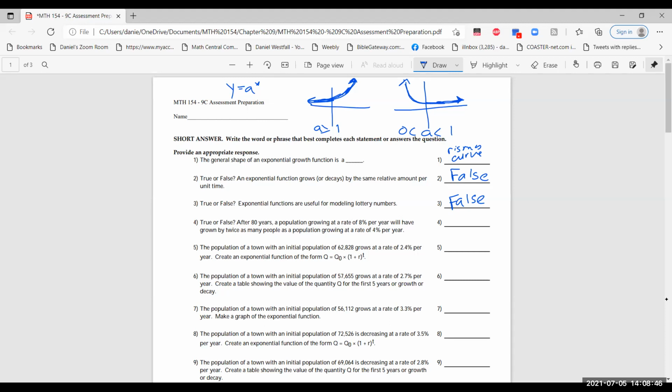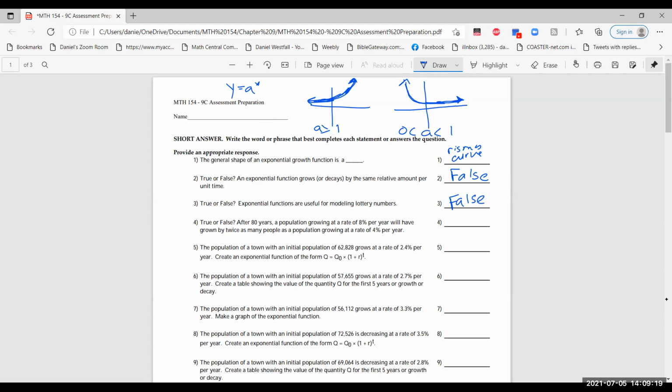They're even useful for modeling things like how long it takes for a cake to cool once it comes out of the oven, because there's something in science called Newton's law of cooling that's going to obey this exponential decay type thing.